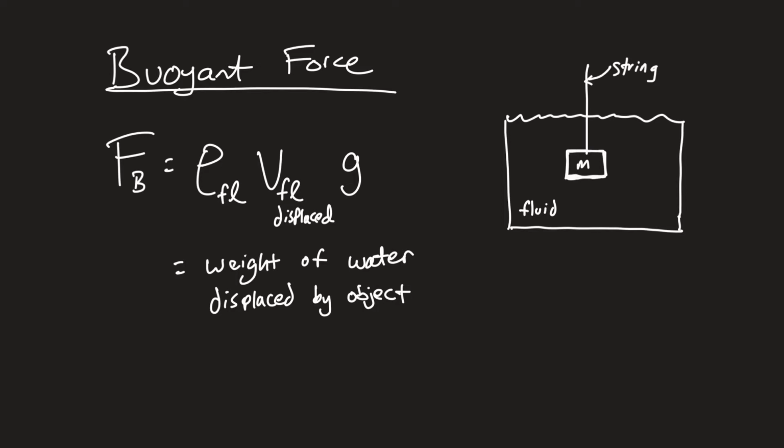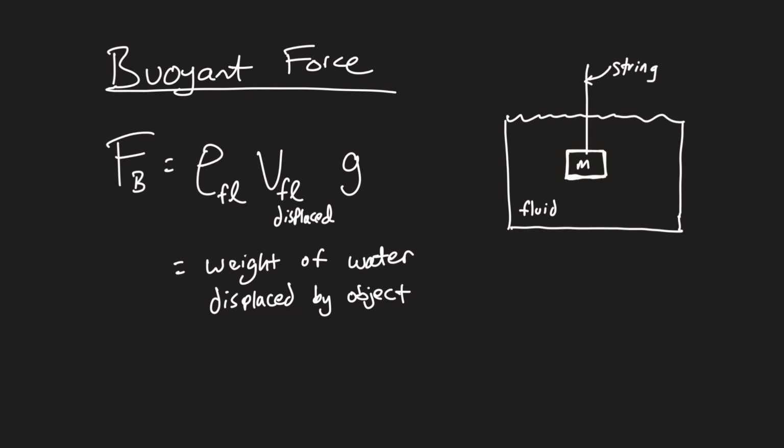All you have to do is take the density of the fluid, multiply that by the volume of the fluid that is displaced by the object, and then the gravitational constant here. So you can see because this object is totally submerged, it can displace a volume of fluid equal to the volume of itself.